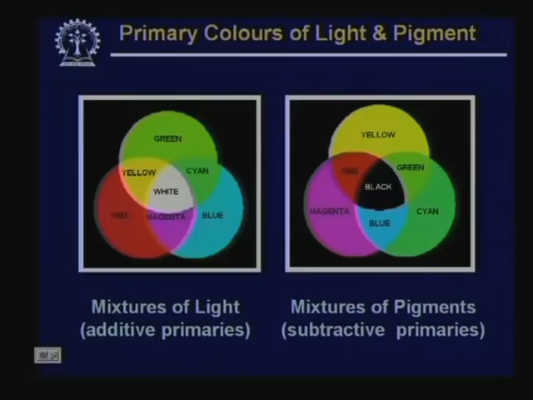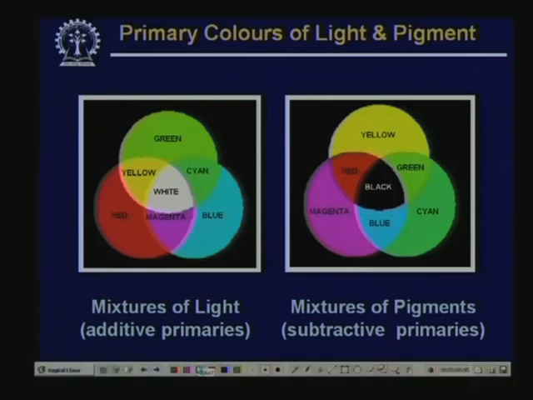Because of this, the colors of light are called additive primaries, whereas the colors of the pigments are called subtractive primaries. Here you can see in this slide that the three primaries of light, red, green and blue, when mixed together, red and green form the yellow light.